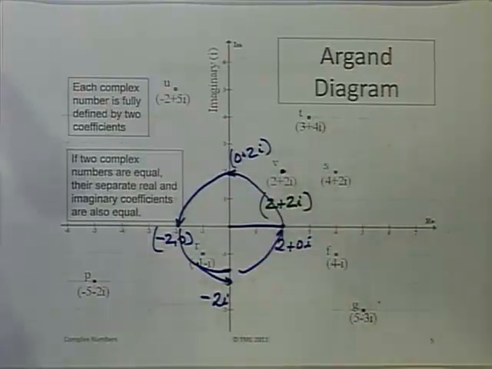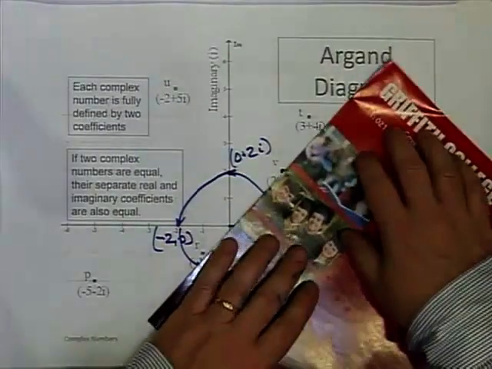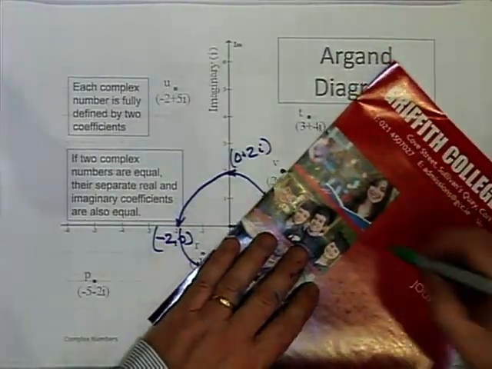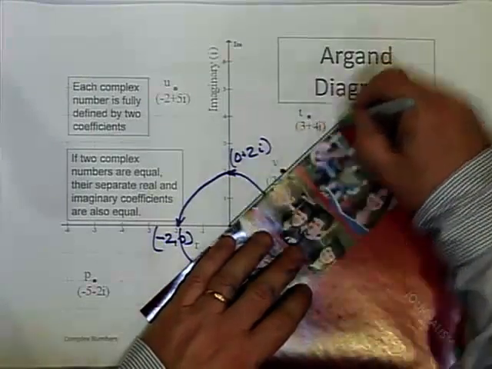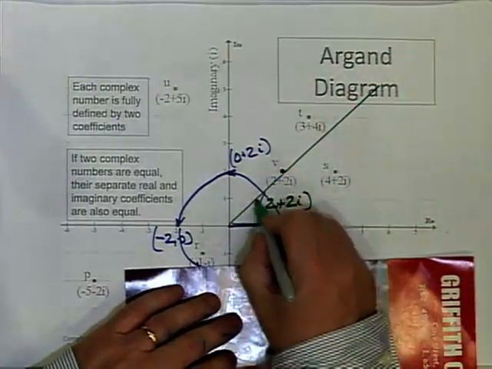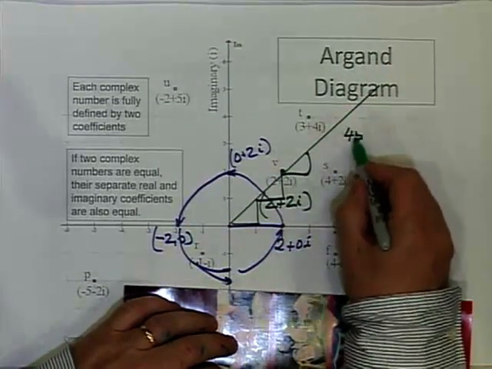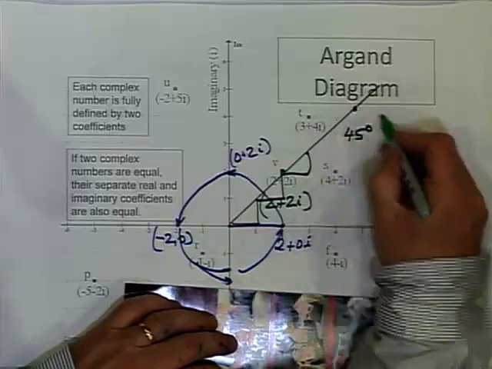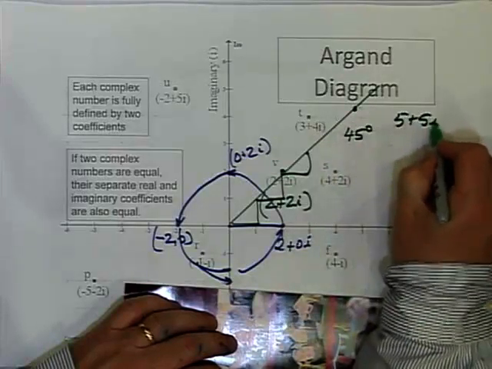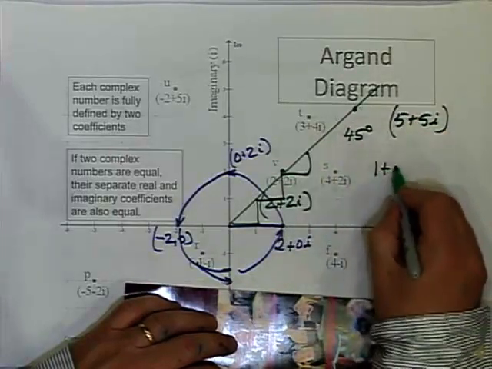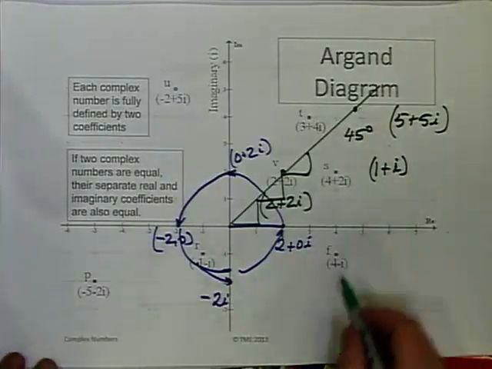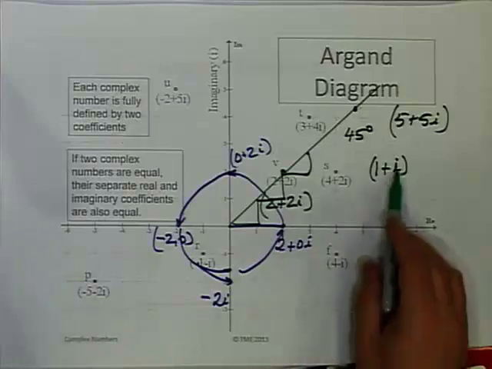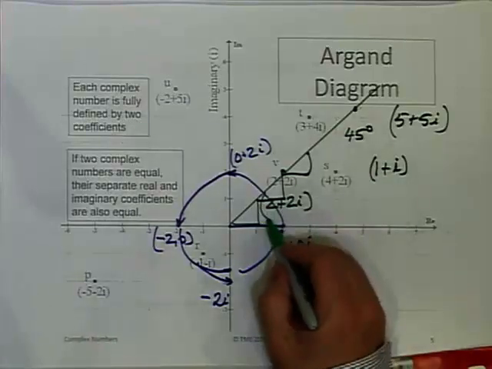If my favorite number is this stairs that goes up one step up for every one step out, so 1, 1, 2, 2, all the way like that, and I've got 45, a point on this line might be the point, say, 5 plus 5i, or 1 plus 1i. 1 plus i, well, what do you say the angle would be?